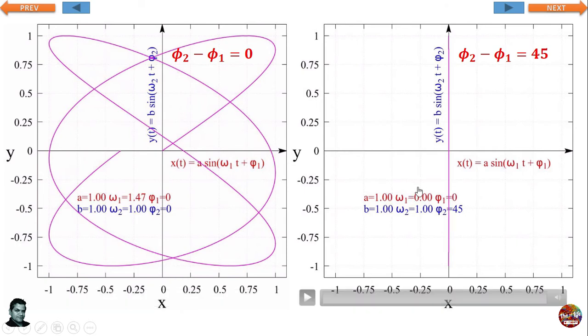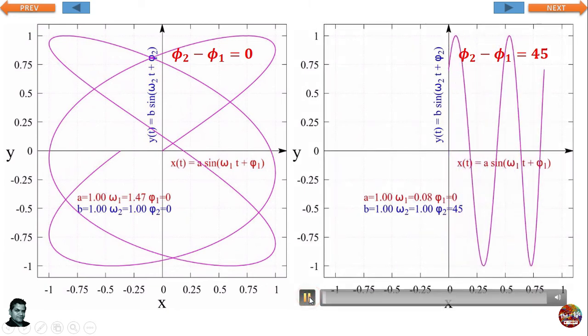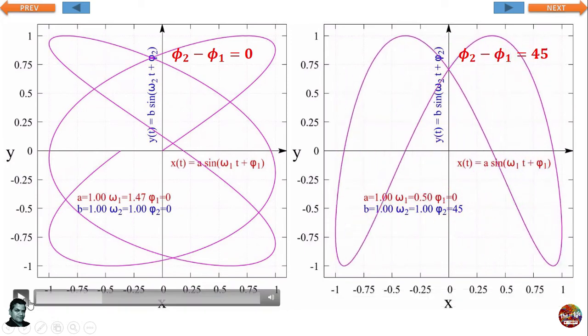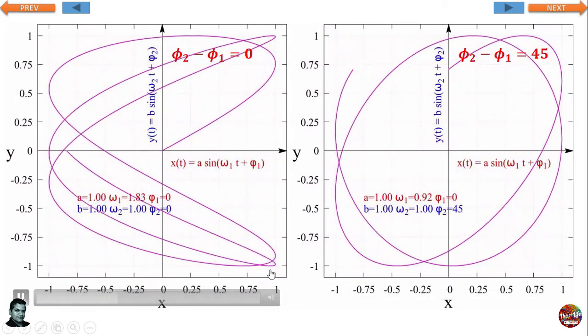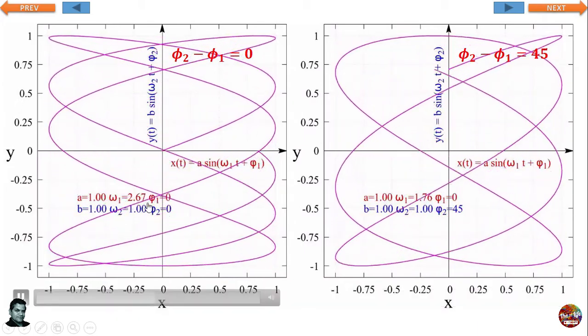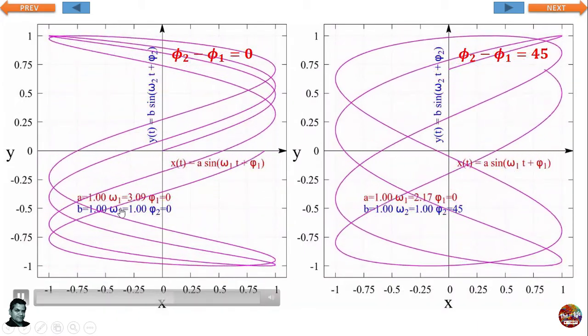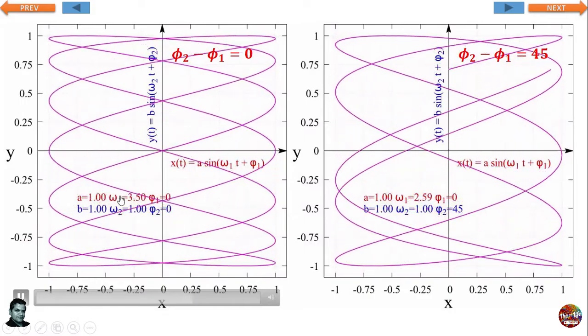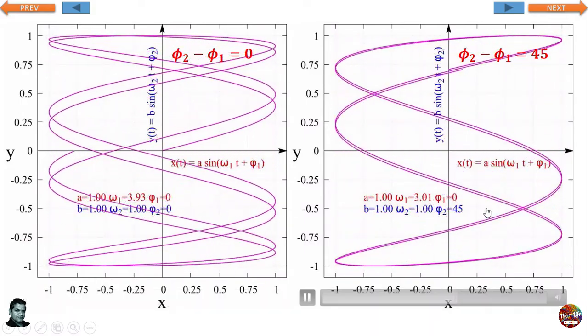So here it will again iterate the different values of omega 1 and omega 2, keeping the phase difference to be pi by 4. So these are the different Lissajous figures for different phase differences, and as the difference between the angular frequencies changes, the Lissajous figure also changes.